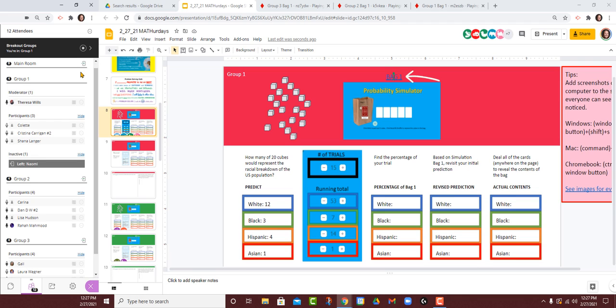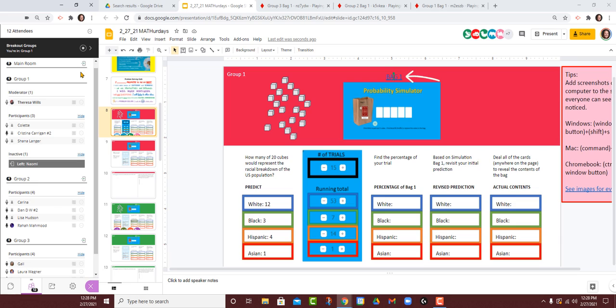Hi, group 1. It's so exciting to see your results on here. Do you think that's going to change your prediction of the 20 cubes in the bag? Maybe look at the higher Hispanic percent of blue.